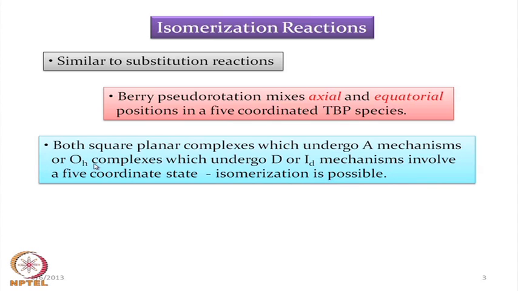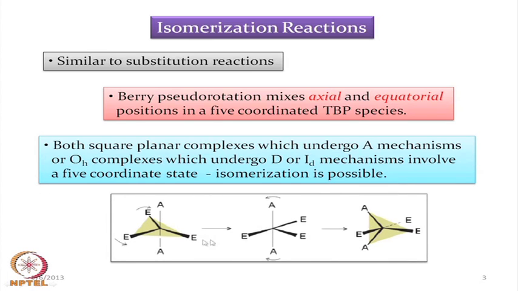So, the octahedral complex for a dissociative mechanism, that means one particular group is leaving the octahedral complex, gives rise to a 5 coordinate intermediate, and that 5 coordinated intermediate can undergo some isomerization reaction. So, we have this. A means the corresponding axial bonds and E means the corresponding equatorial bonds.